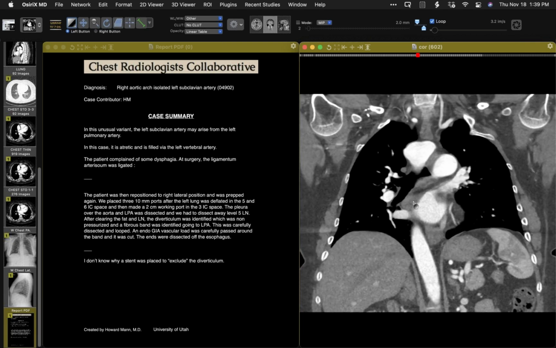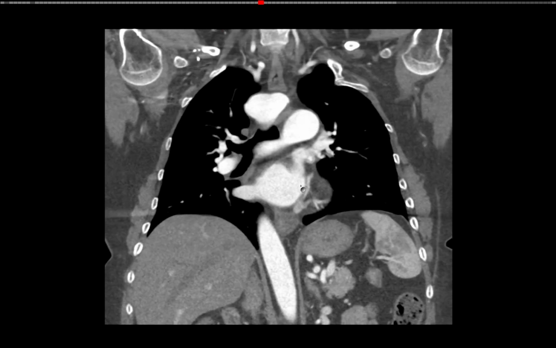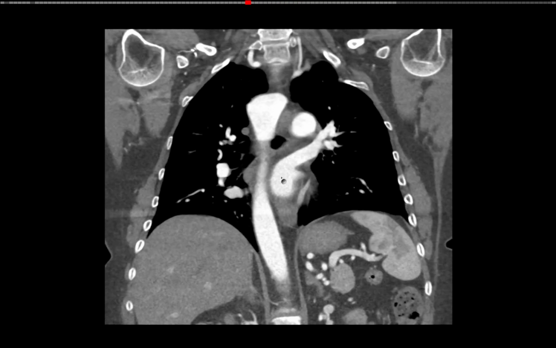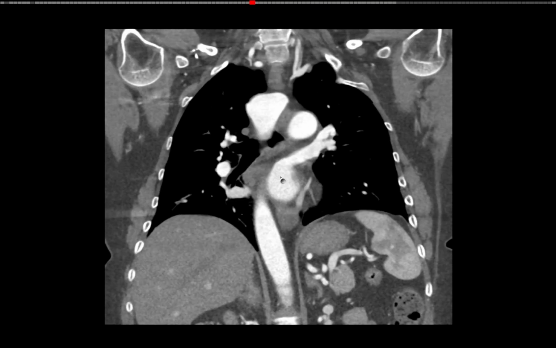The only structure I see goes between here and apparently that diverticulum, but I can't tell for sure. But an interesting case of isolated left subclavian artery and right aortic arch.